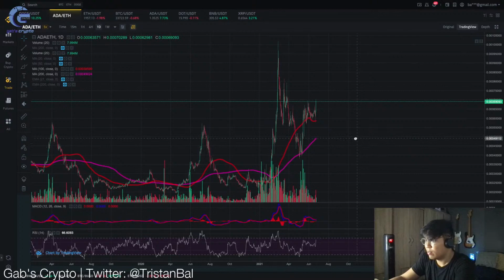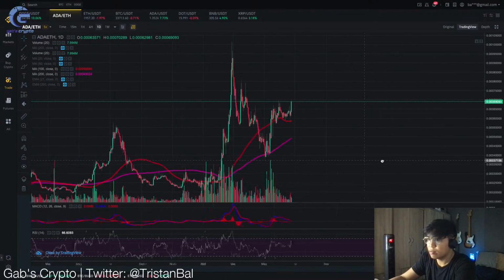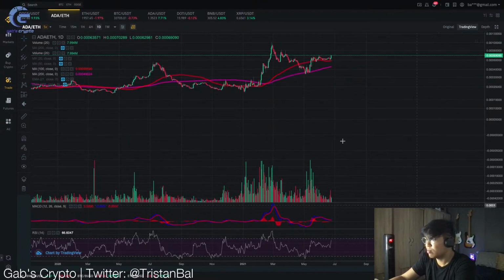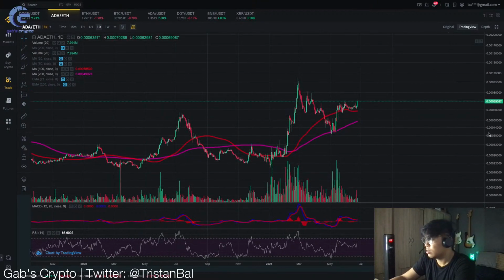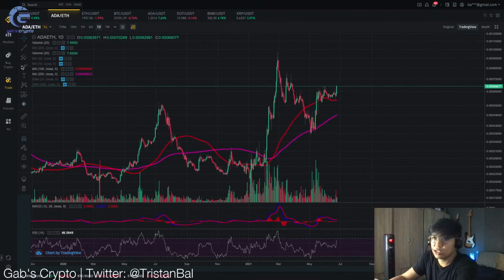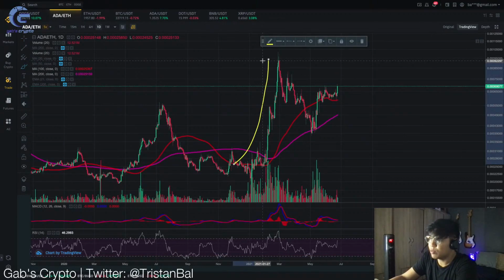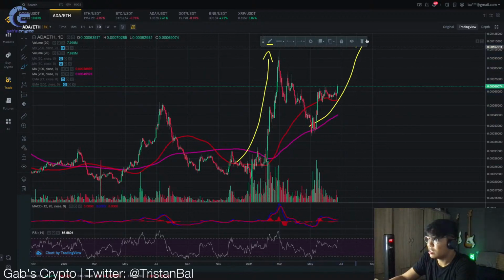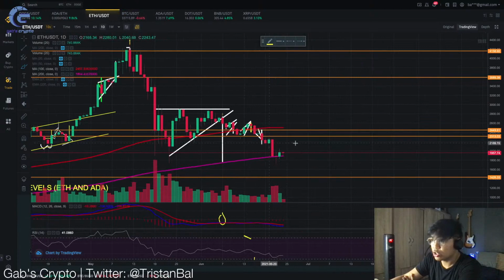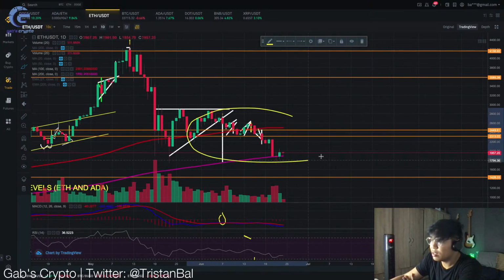So, makita mo na, ito ha, buksan lang natin siya na maayos. So let's try to use a logarithmic chart. So sa logarithmic chart, makita mo na nagkaroon tayo ng massive pump for the Cardano against Ethereum. And right now we are seeing that same pump, indicating na Cardano is performing well against Ethereum kasi nga Ethereum is right now consolidating around this level.